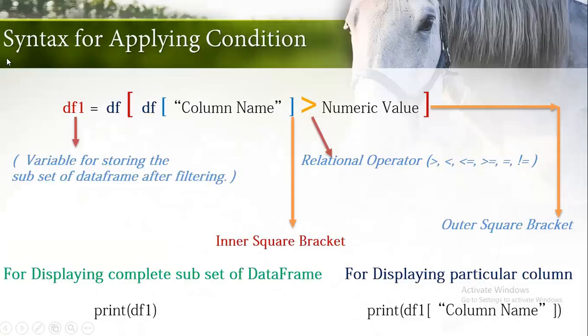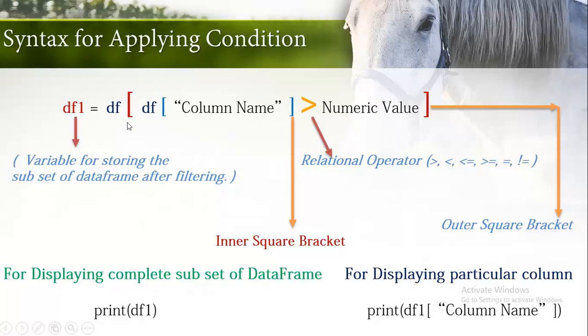Here is the syntax for applying a condition. We take a new variable. This variable will store the subset of data that we get when we apply the condition, and this is the data frame object df. You are familiar with this.